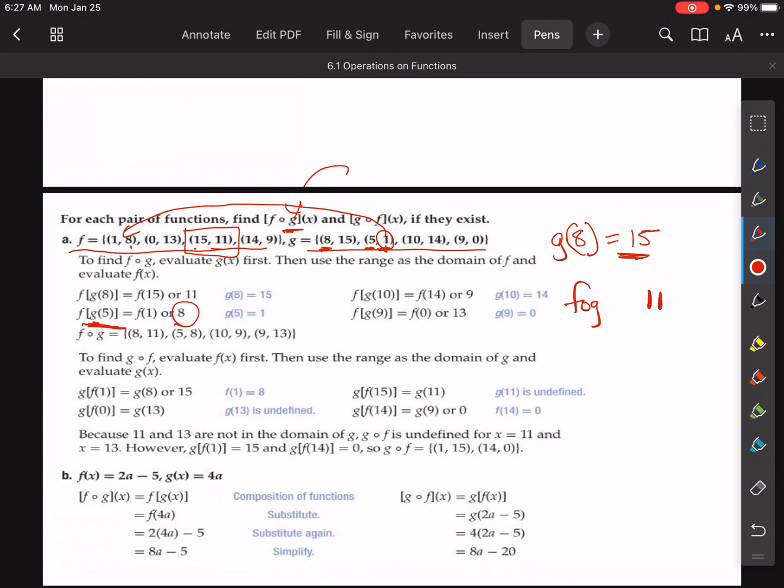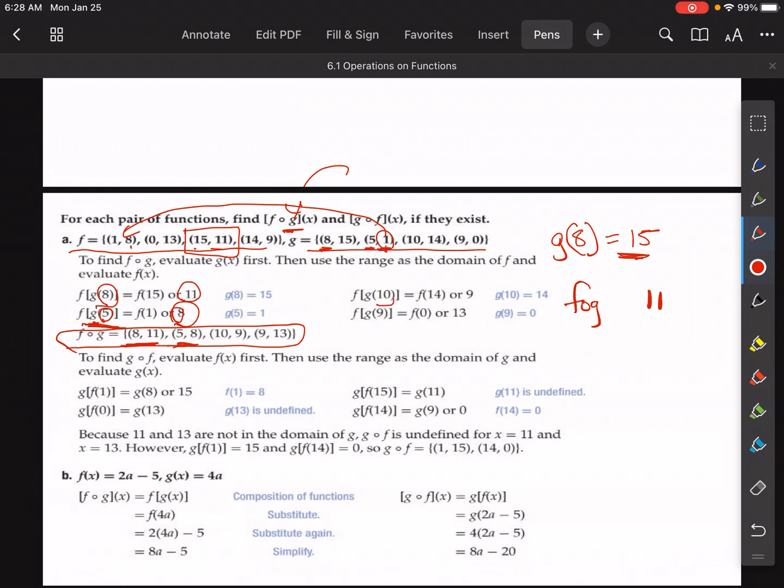The final answers for these are always going to be coordinates. When I plug an 8 into g and plug the result back into f, I get an 11 out. When I plug a 5 in, I get an 8 out. So 8, 11 is one of my solutions, and 5, 8 is one of my solutions.